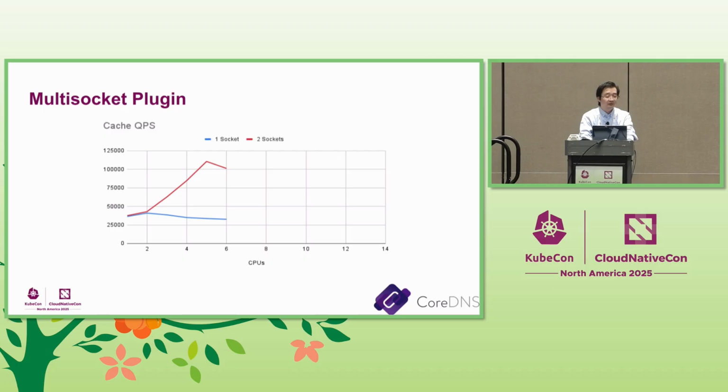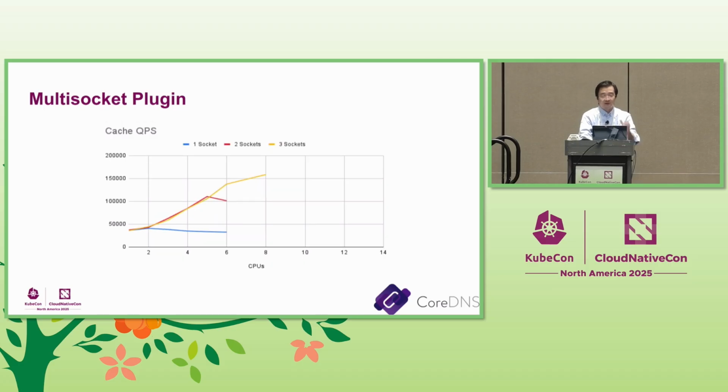That's a big step forward for sure. You can certainly add a little more. Let's say you have 3 sockets. It goes further, to about 150K QPS, which is great because you can saturate more CPUs.